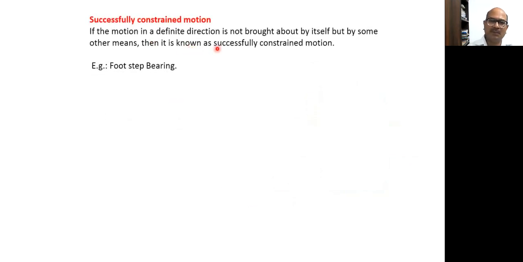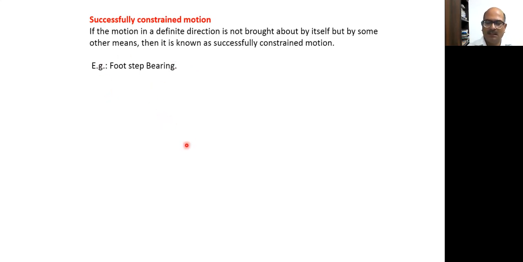Now the third one is successfully constrained motion, where motion in a definite direction is not brought about by itself, but by some other means. So it is known as successfully constrained motion. By itself, the object cannot move, cannot rotate, but a second object is available by other means so that our primary object can move.